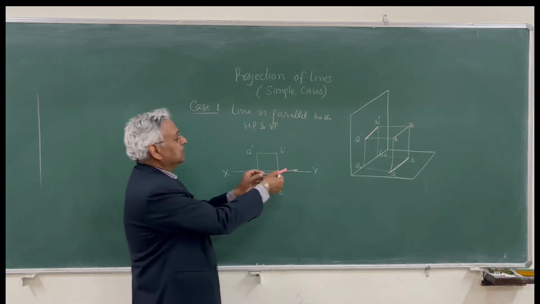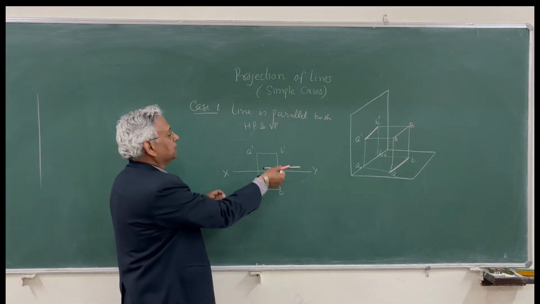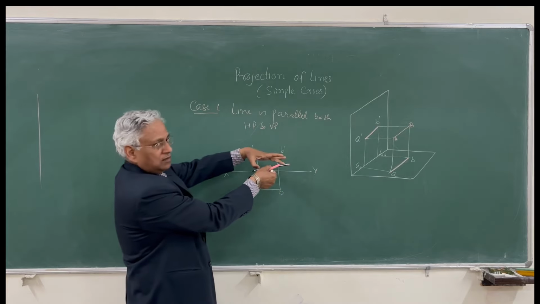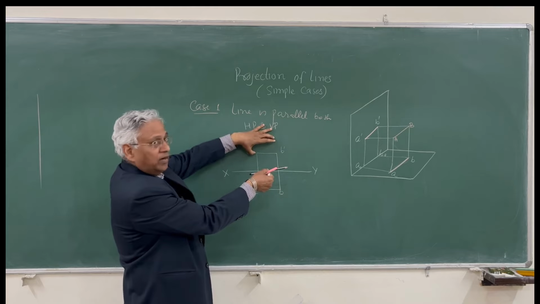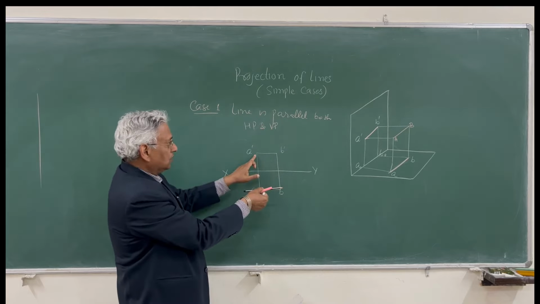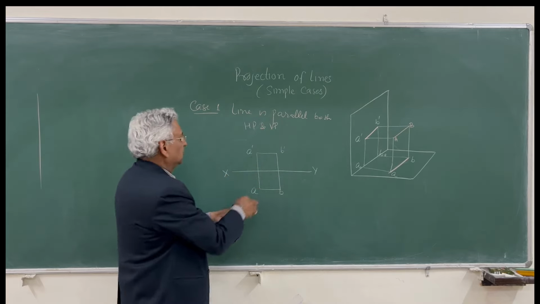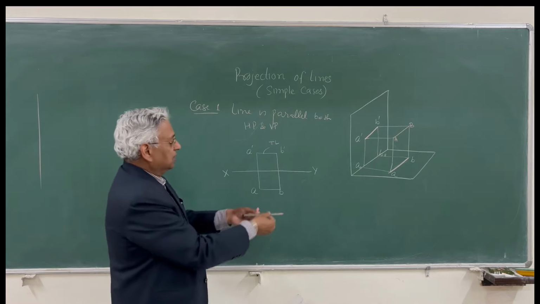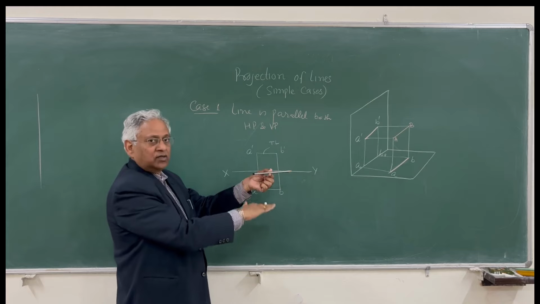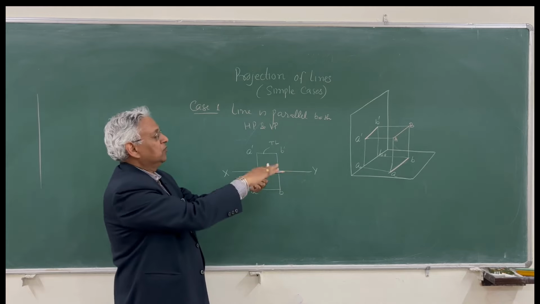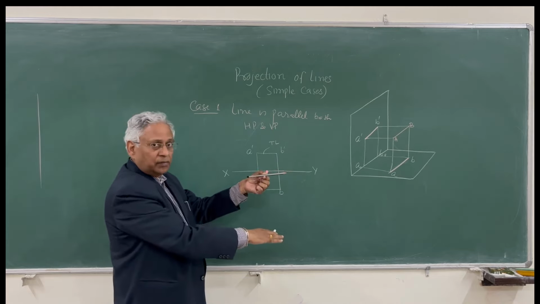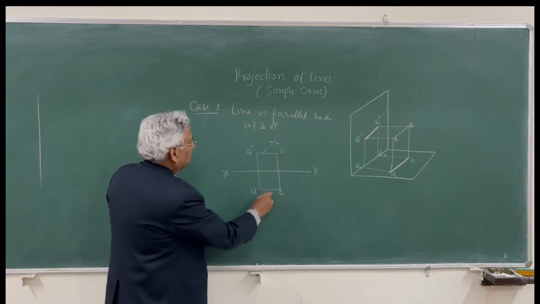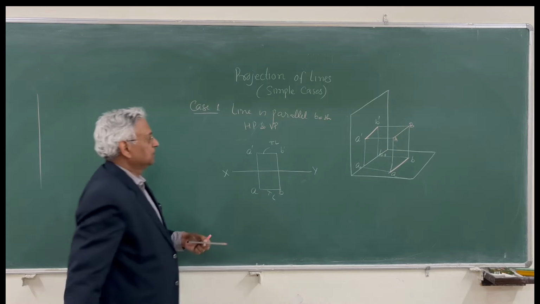If a line is parallel to the vertical plane, then you can measure the length of the line in the vertical plane. So this is the true length of the line AB. Similarly, if it is parallel to the horizontal plane, then you can measure the true length in the horizontal plane, or in the plan also. So this is also true length.